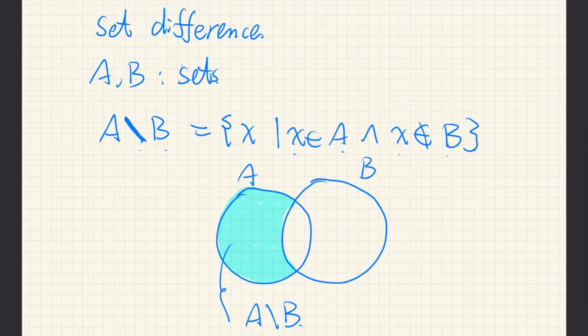By the way, this may not look very much like a logical operation, but you can rewrite it as the logical negation of x belongs to B. This means x belongs to B is not true. So negating x belongs to B means this, same thing.